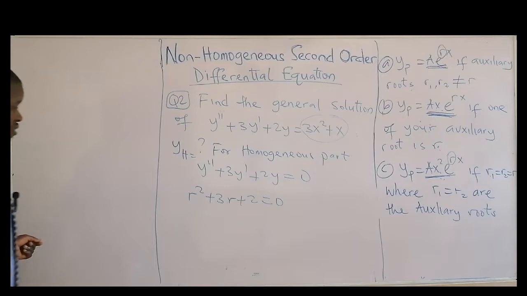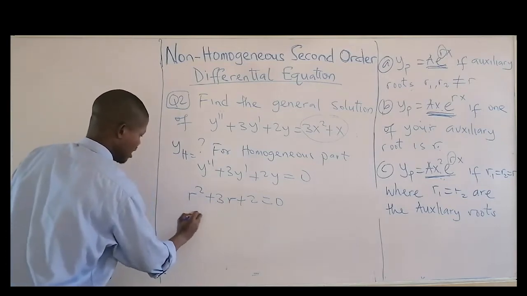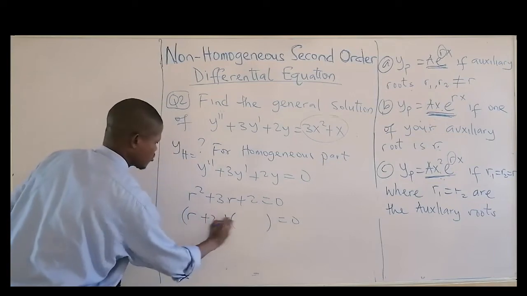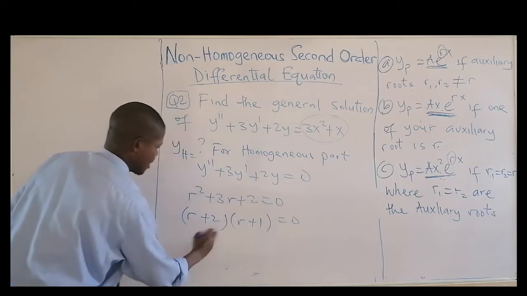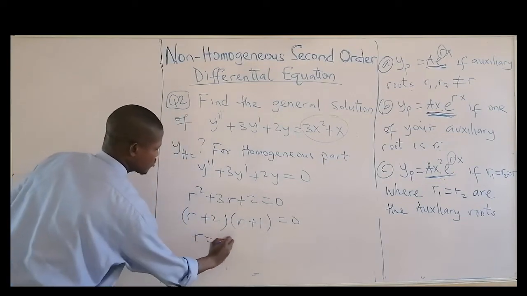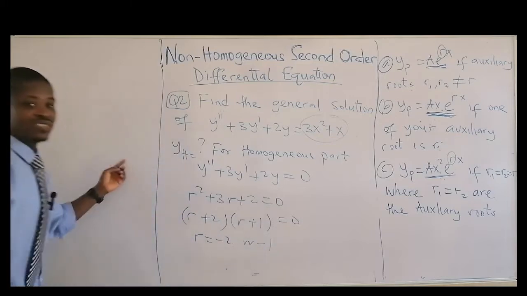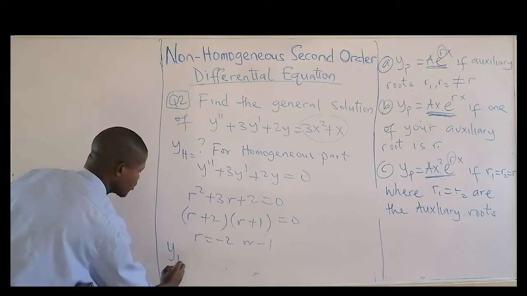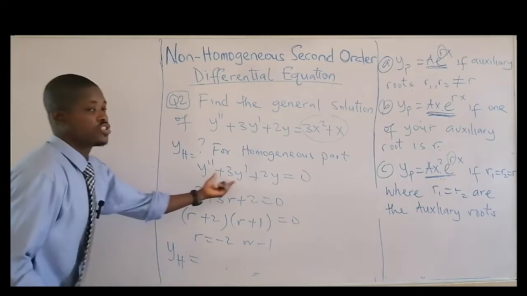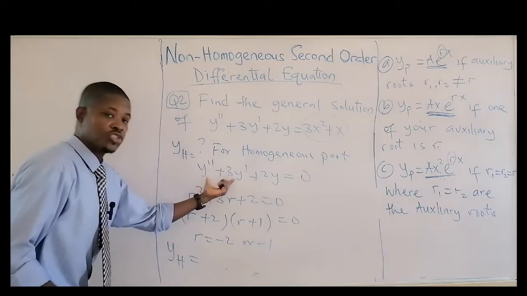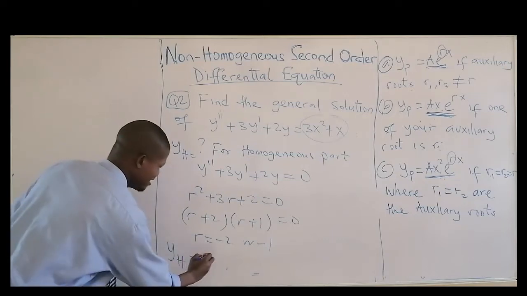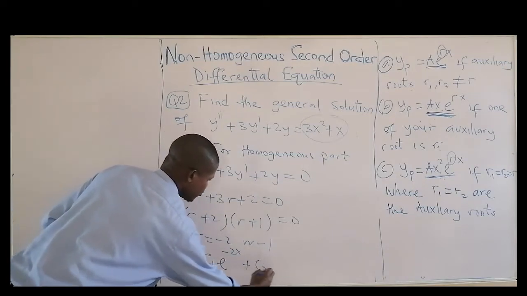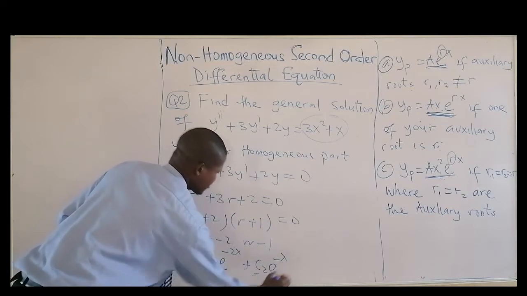From the previous solution, this factorizes as r plus 2 times r plus 1. So r is equal to minus 2 or minus 1. We've done that in the previous question. Then the general solution for the homogeneous part will now become C1 e to the minus 2x plus C2 e to the minus x.